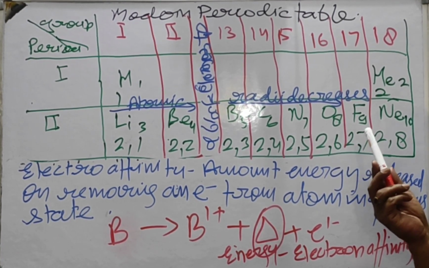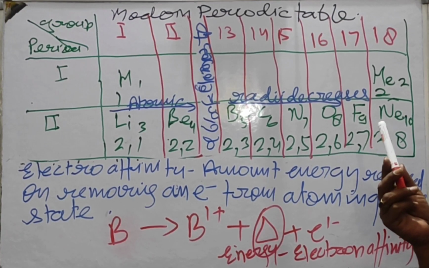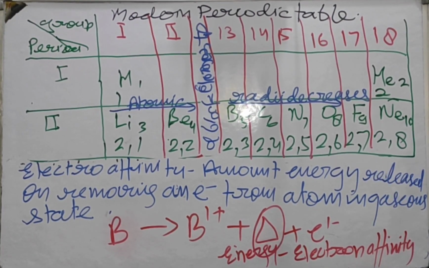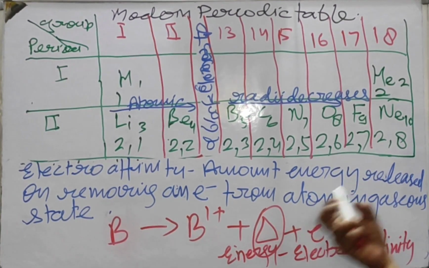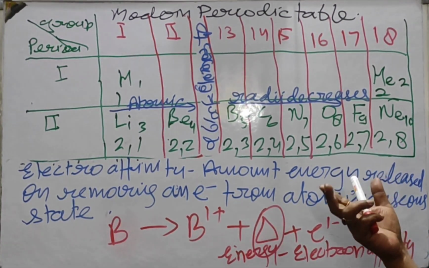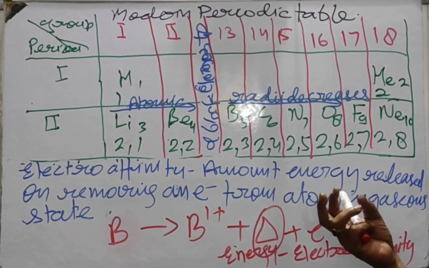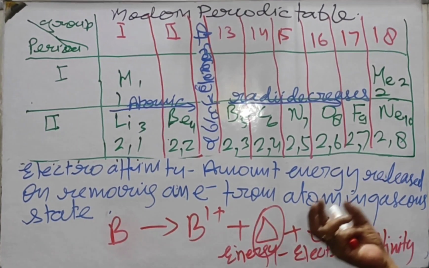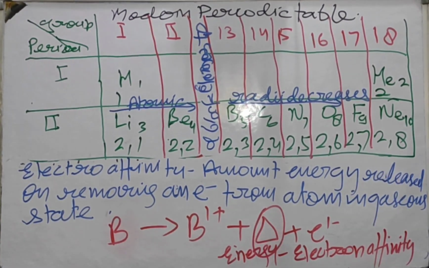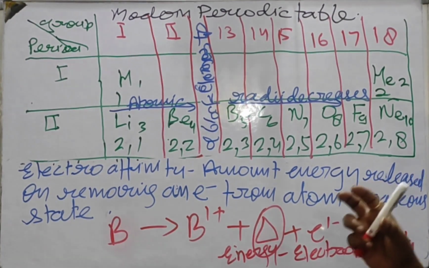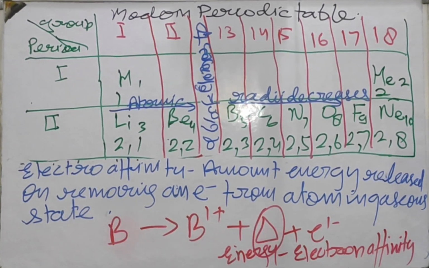Because it has less tendency to lose electrons. It is always in a mood to get an electron, right? But lithium, beryllium, boron, they have a tendency to lose electrons. So they lose electrons and also release energy, right? So that is what we have about electron affinity. These two terms are very important: ionization potential, electron affinity, right?